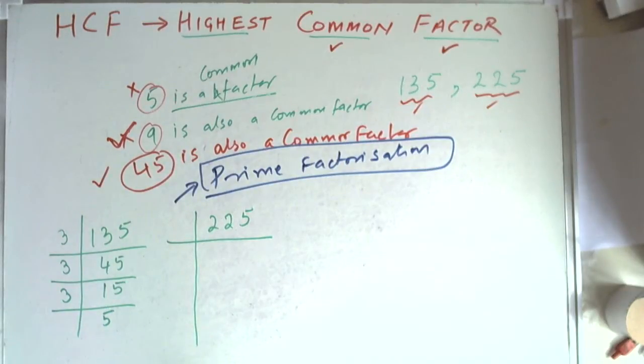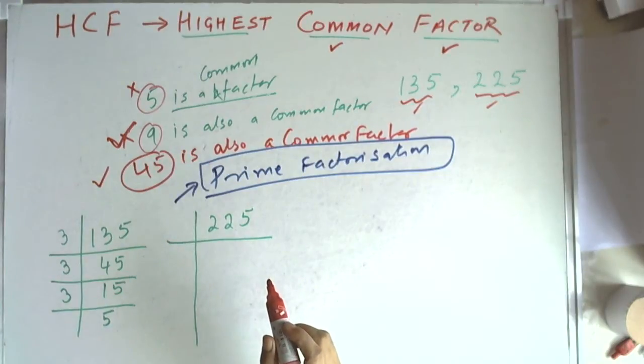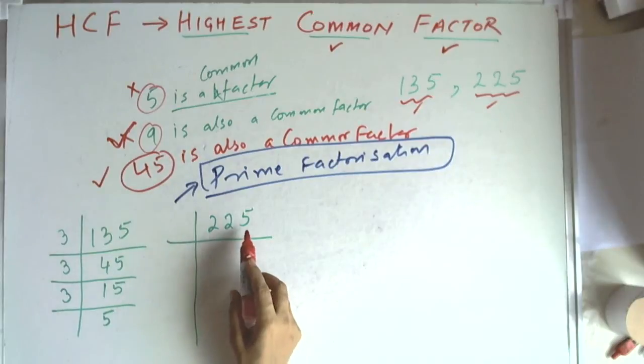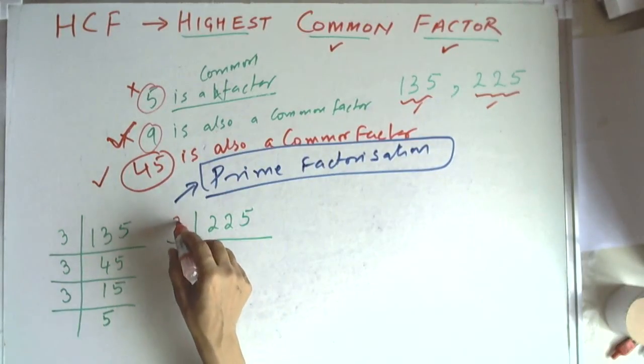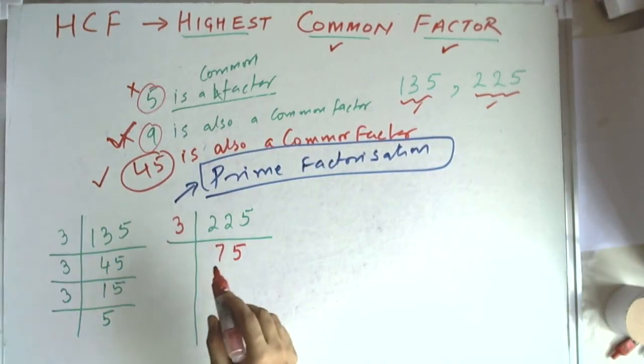Now 225, when we start, again 225 will not get divided by 2 because the last digit of 225 is not divisible by 2. So we again start with 3. It will get divided by 3 because the sum of the digits is 9 and it is divisible by 3. So we will get 75.